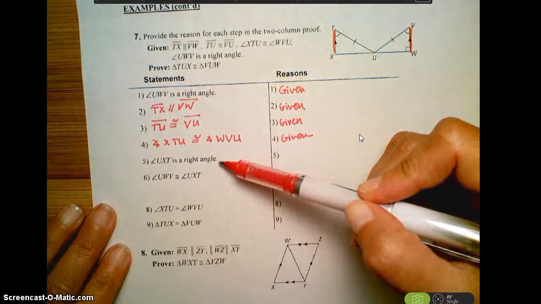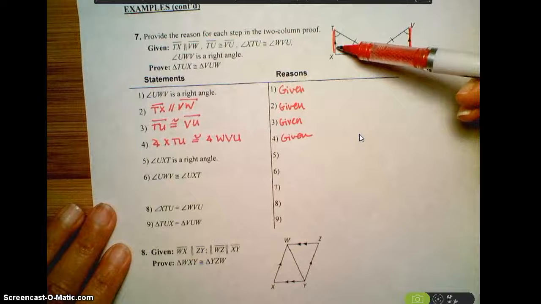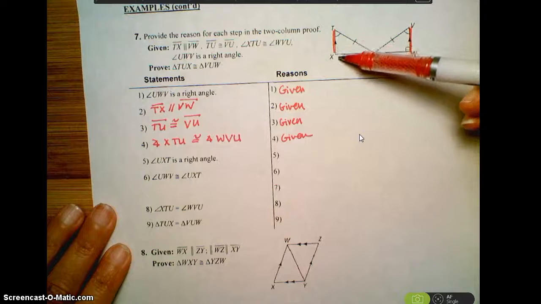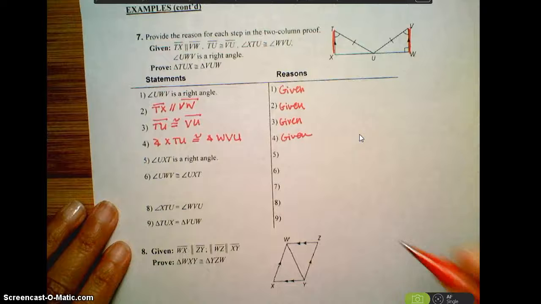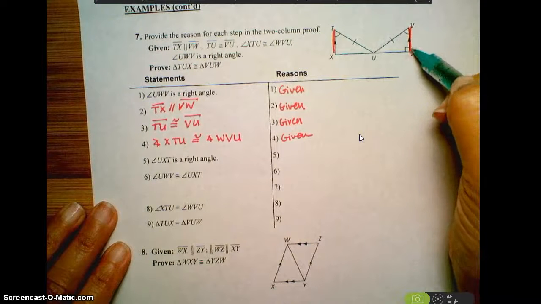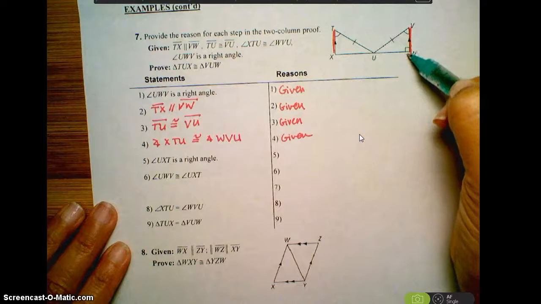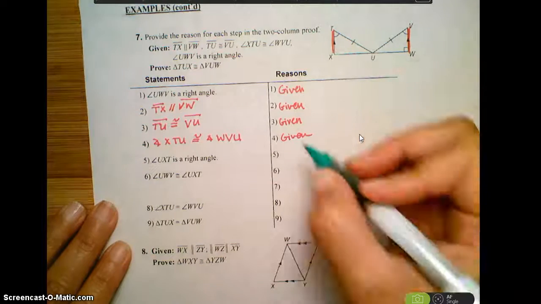So the next step says angle UXT is a right angle, and I take a look up here, this is angle UXT. Why would I know that it's a right angle? Well, I have these parallel lines. I'm perpendicular to one of the parallel lines, and therefore I'm perpendicular to the other.